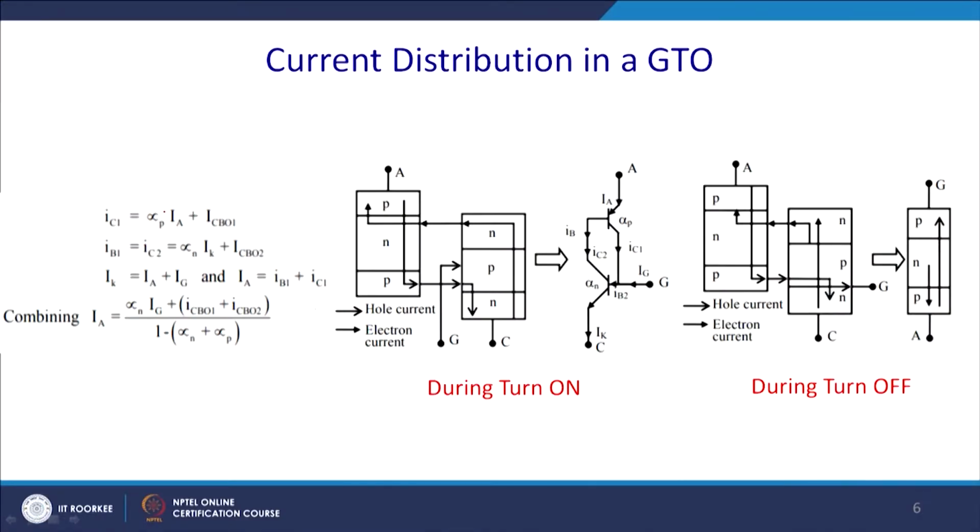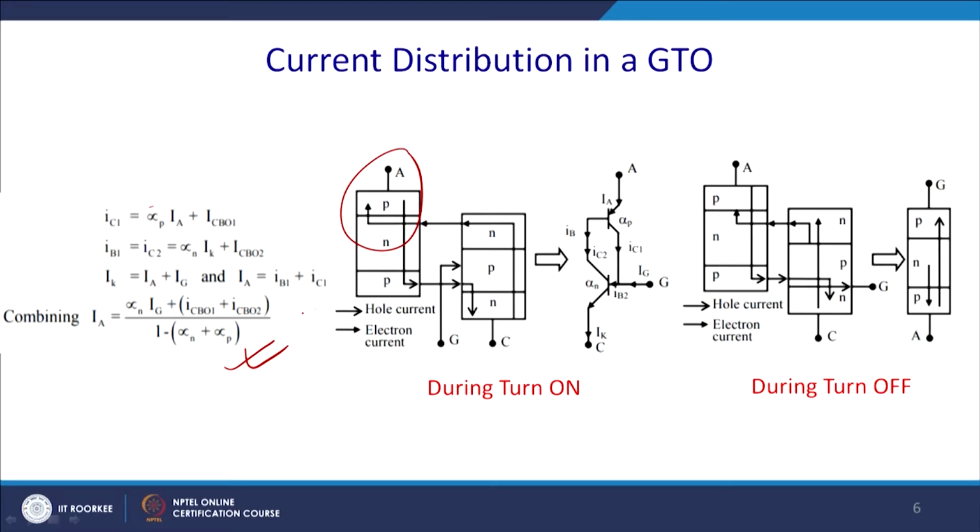So, essentially when it turns on, the equation becomes IC1 equal to alpha p, which corresponds to the PNP transistor, the upper one, plus ICB1. Similarly, you can write this equation from the KCL and boil it down to the same equation as in the case of the thyristor.